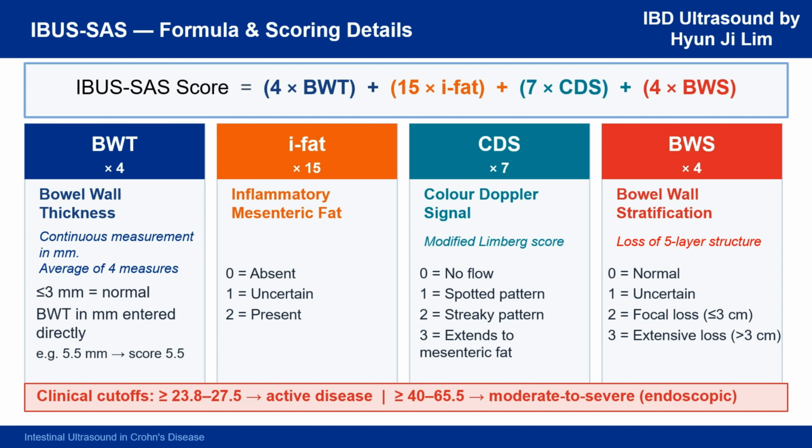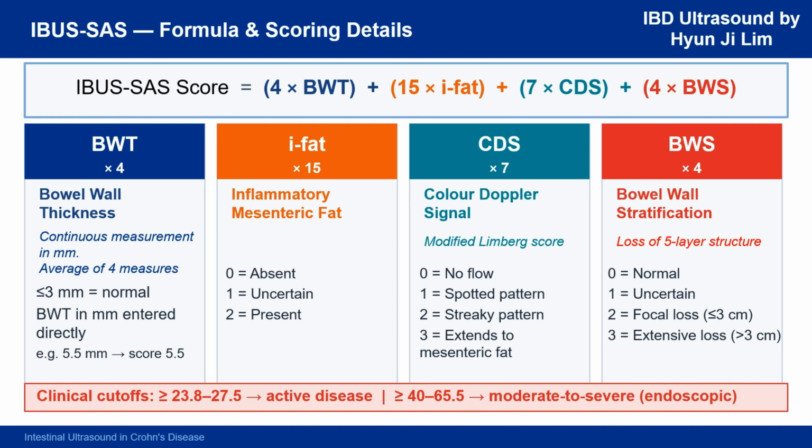Let's break down the IBUS-SAS formula. The score equals 4 times the wall thickness plus 15 times IFAT plus 7 times the Doppler signal plus 4 times wall stratification. Wall thickness is entered directly in millimeters. So 5.5 millimeters contributes 5.5. The inflammatory fat is scored 0, 1, or 2. The Doppler signal 0 to 3 by the modified Limburg pattern.